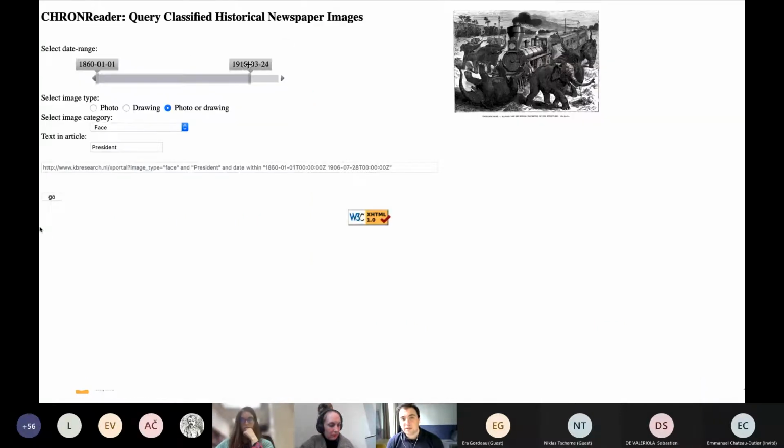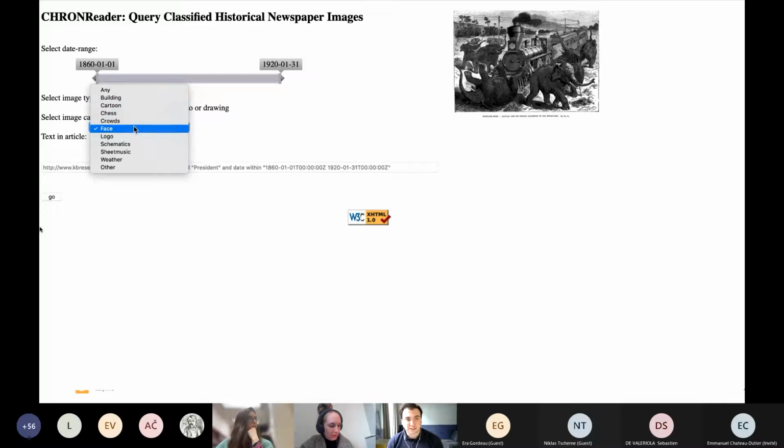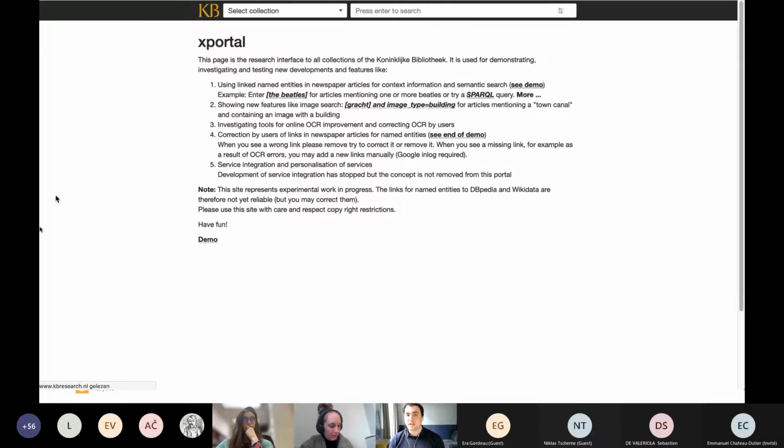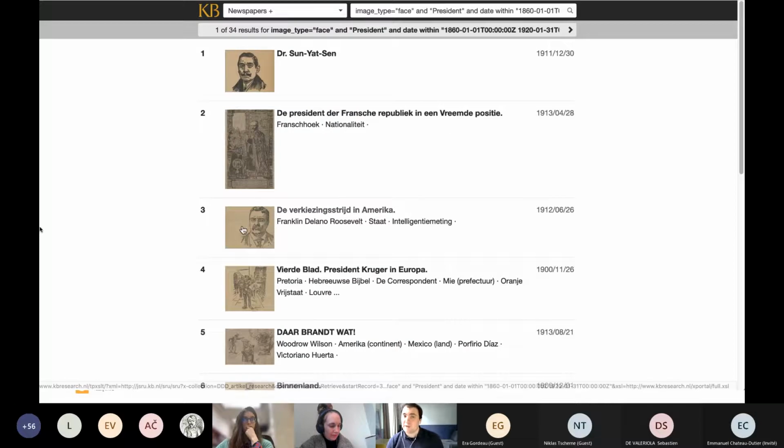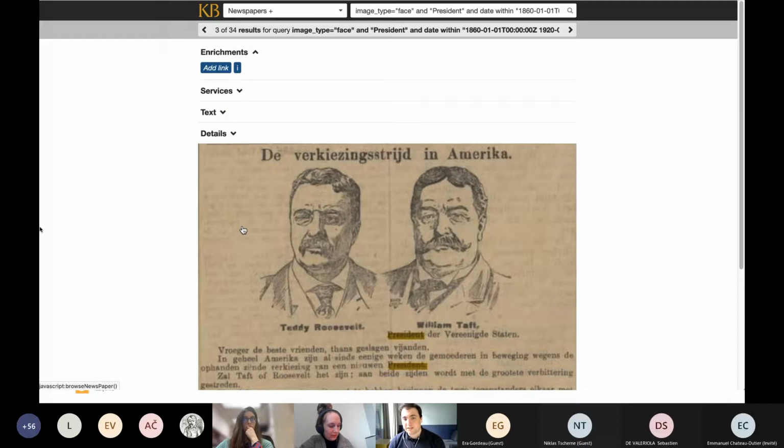Right. So what I also did at the KB is that we can combine all sorts of these different classifications in interfaces that users of the archives can also use. So what you can see here is that we connected our classified images, the chronic images, to the text that accompanied the images.